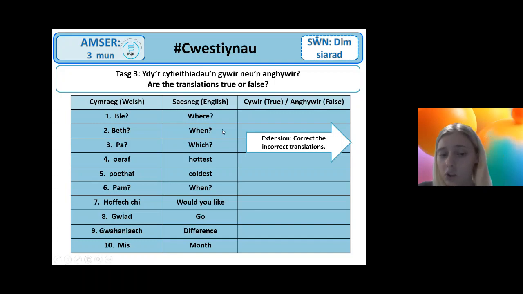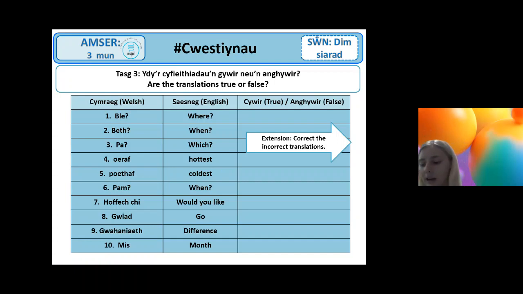"Pa" is which? Is that "cywir" or "anghywir"? Then we have been given some superlatives. So superlatives always end with an "-af" in Welsh. So "oeraf" is that hottest. "Poethaf" is that coldest. So you need to decide if that's "cywir" or "anghywir".